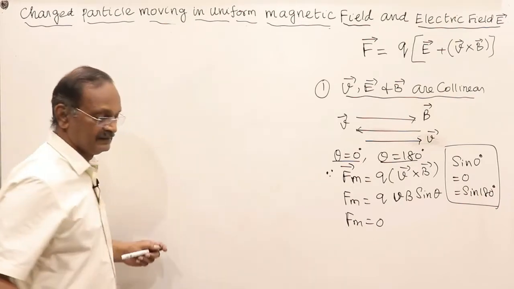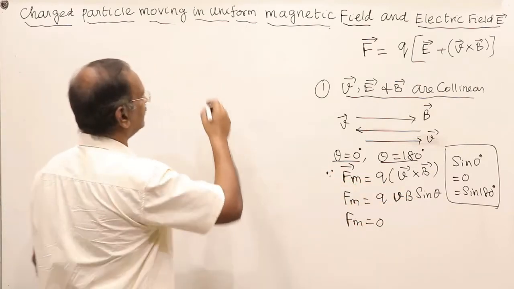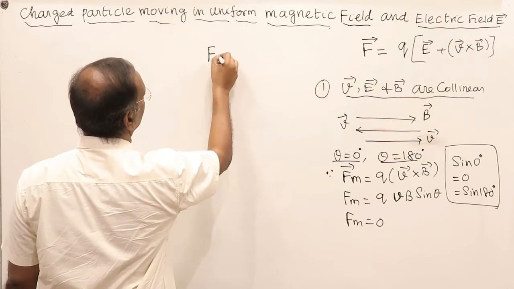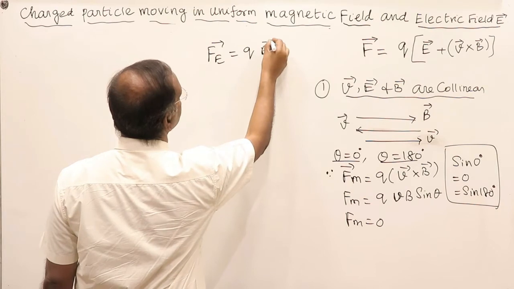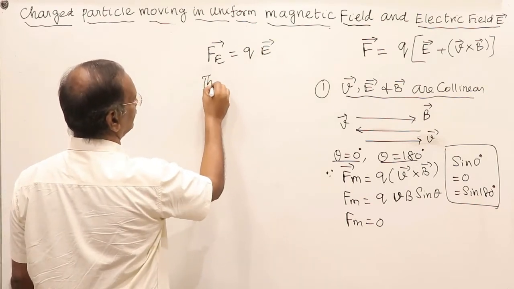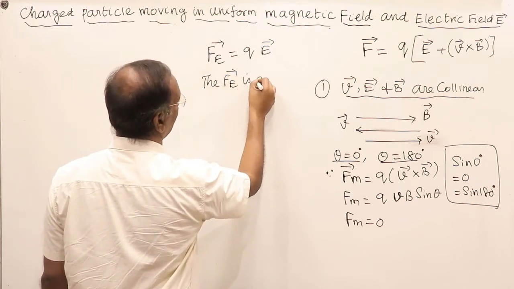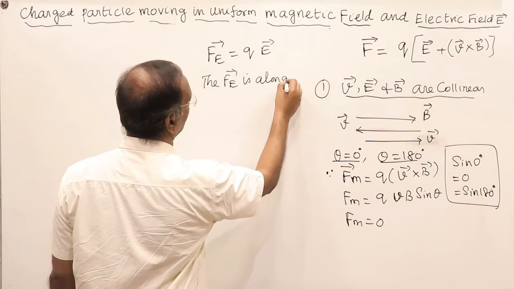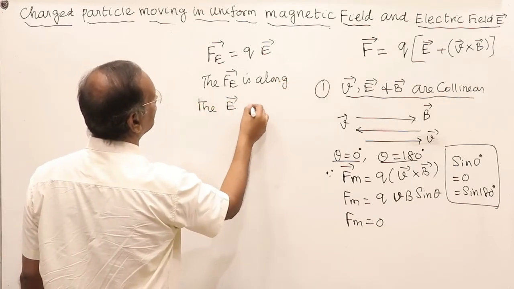For the electric field, there is no angle factor. So the electric force due to the electric field is equal to Q into E. Whether it is moving anti-parallel or parallel, the electric force is along the electric field direction.